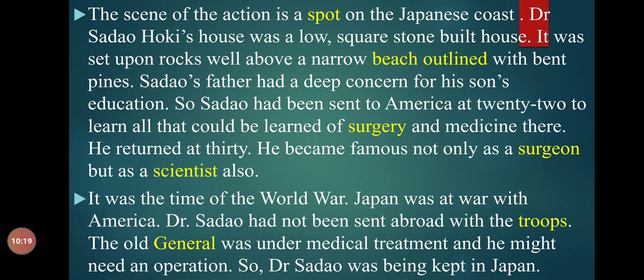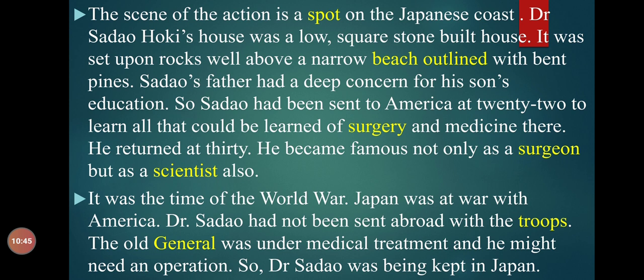Sadao retained all the things that his father would tell him as a child. His father never played or joked with him. They shared a mature relation, and his father underwent a lot of hardships to bring him up. Sadao knew that his father was concerned about his education. He was sent to America at the age of 22 to study surgery and medicine.